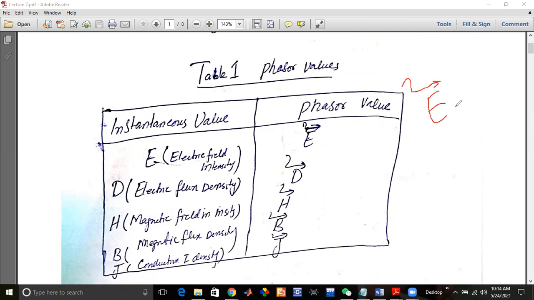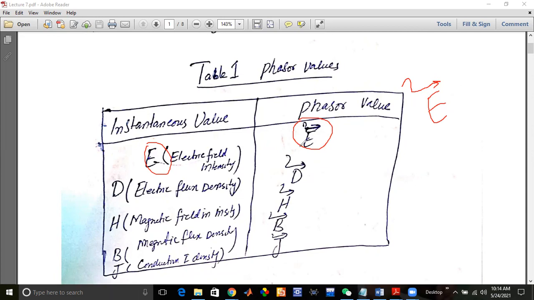So this is the standard notation of the phasor wave. The electric field intensity is denoted by E in instantaneous form, and it is denoted by E with an arrow in phasor form. You know what is meant by instantaneous value and what is a phasor value. If you have forgotten, you can read it.